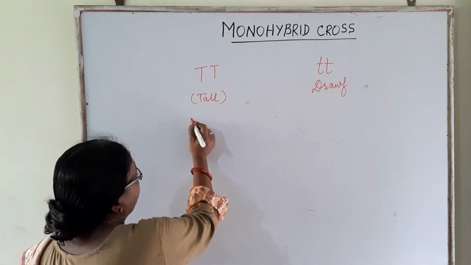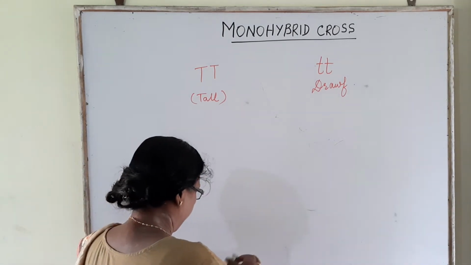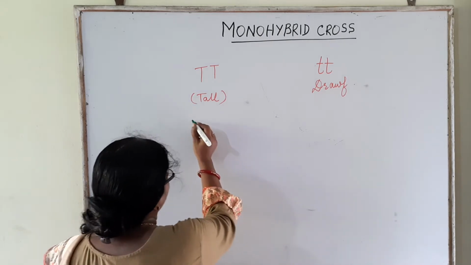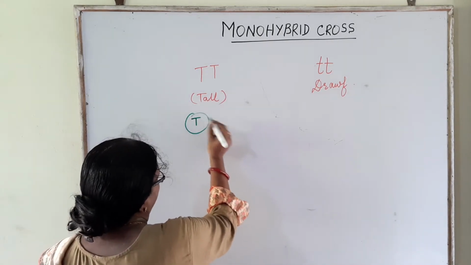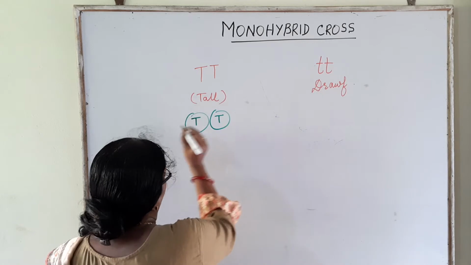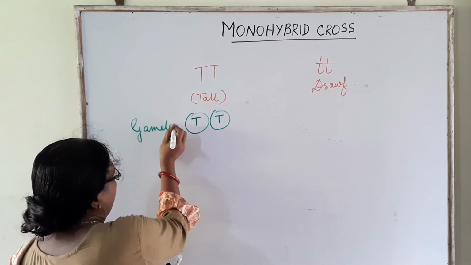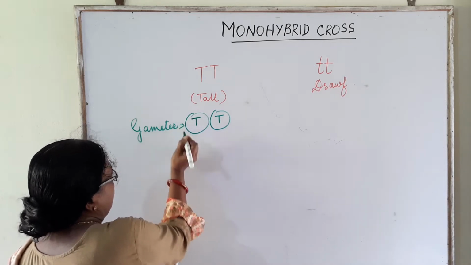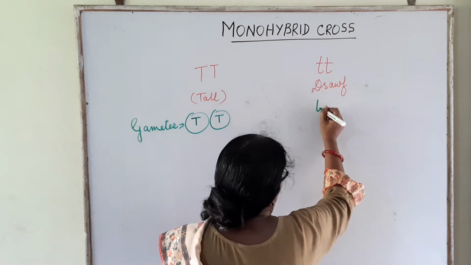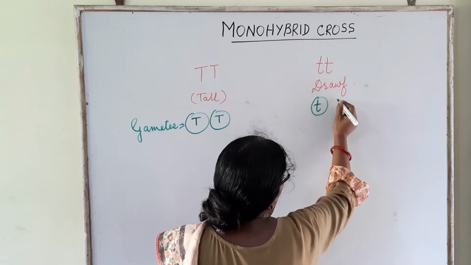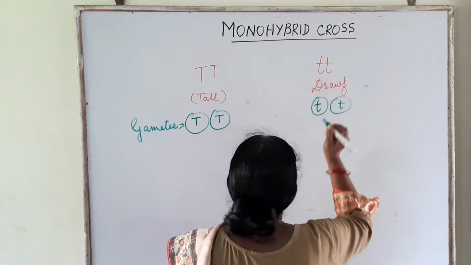Let's see the gametes first. These are gametes. And this is small t.